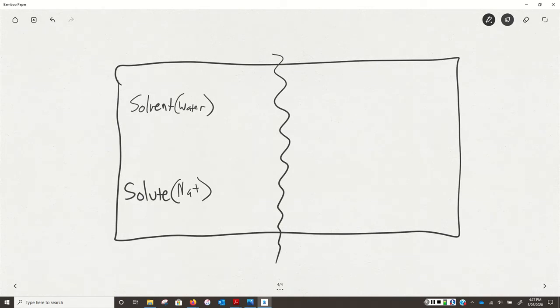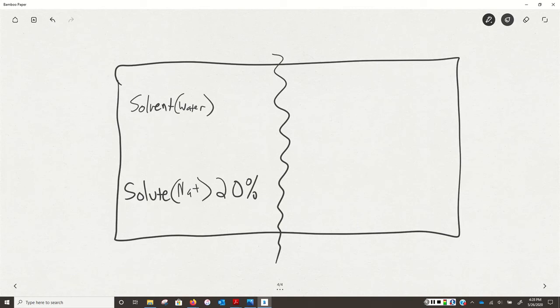And when we talk about solutions, we give it a percent or some other means like molar or something by mass, something like that. So we're just going to say this is a 20% sodium solution. What that means is if we were to look at this solution, 20% of it is sodium. 20% of it is the solute.